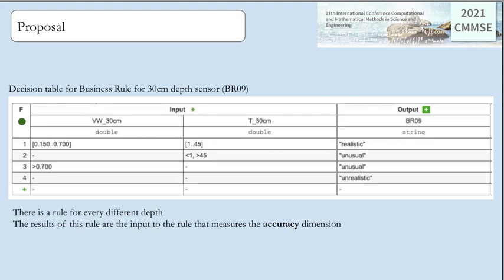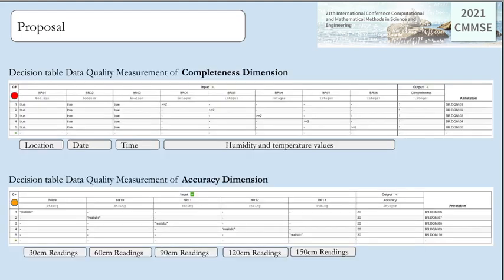It is important to say that the results obtained from the data validation of the business rules BR1 to BR13 will be delivered to the high level where the data quality measurement is performed. So, the result of the completeness dimension measurement depends on the output value from the BR1 to BR8 rules.